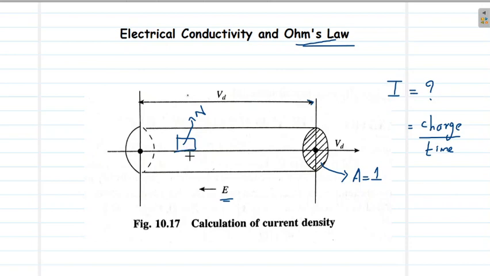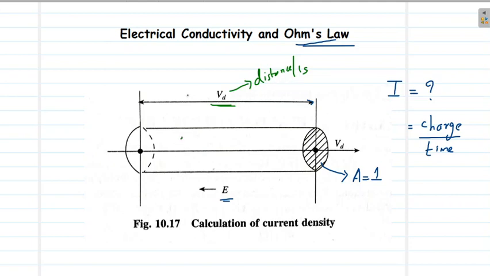So let us calculate the charge that is passing per unit time. In order to find that, we have drift velocity Vd, right? What is velocity actually? Velocity is the distance traveled by a particle in 1 second, or in a unit time.